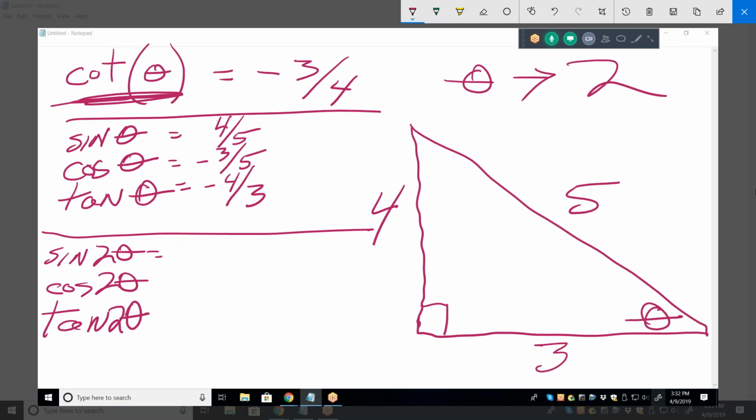Sine of 2 theta is 2 times the sine of theta times the cosine of theta. Notice we know what the sine of theta is and the cosine of theta. So fill them all in.